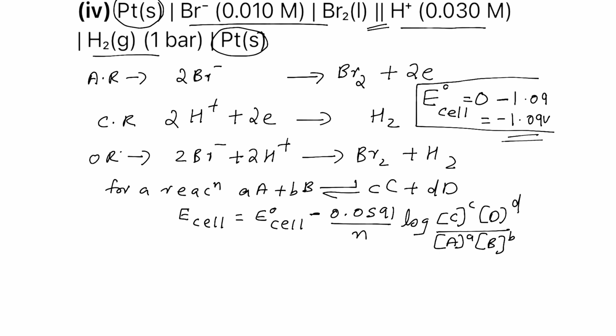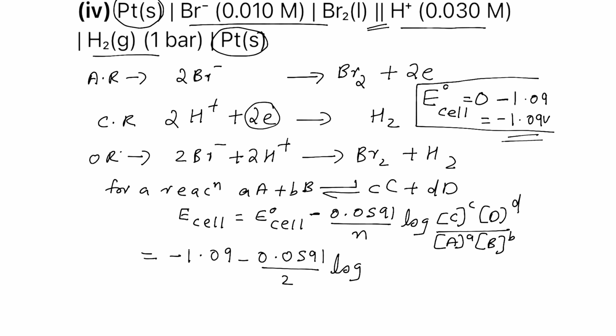Now substitute. Okay, so E cell is minus 1.09 minus 0.0591 by n. What is n? 2 electron, right? So 2 log. See, concentration of product side. Br2 and H2 are on the product side, right?